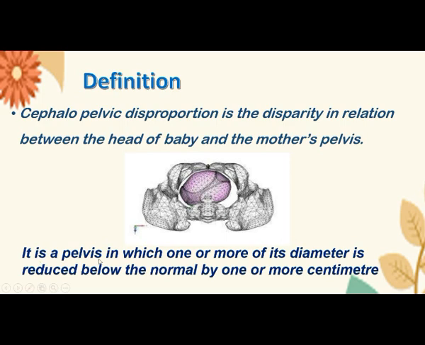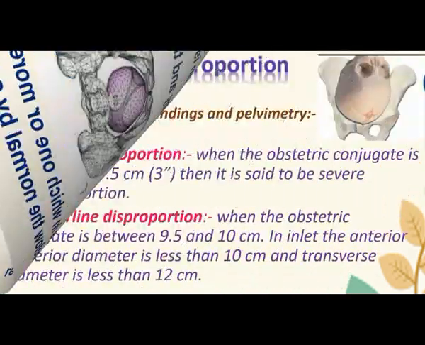It is a pelvis in which one or more of its diameters is reduced below the normal by 1 or more centimeters, so it is not proportional to the fetal head diameter. It is known as Cephalopelvic disproportion.